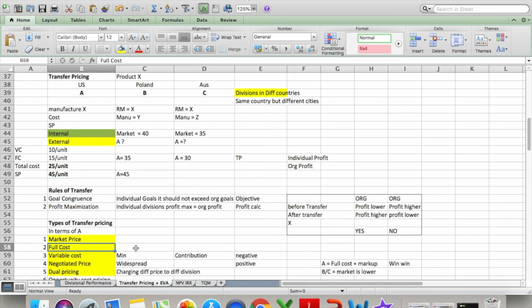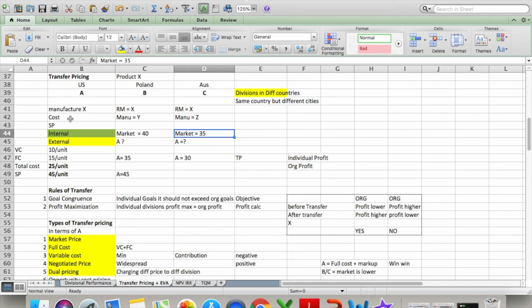Then we come to full cost. Full cost means adding variable cost plus fixed cost. So in A's case, its full cost is 25 per unit. If A transfers product X at 25 per unit, it's going to be very profitable for B because it's getting it at less than its market price, and profitable to C as well because it's getting it at less than market price.